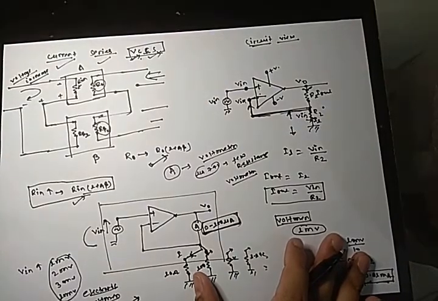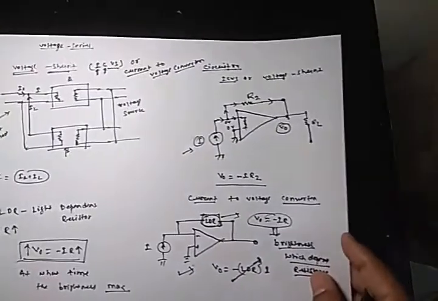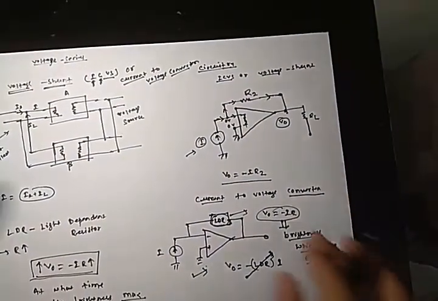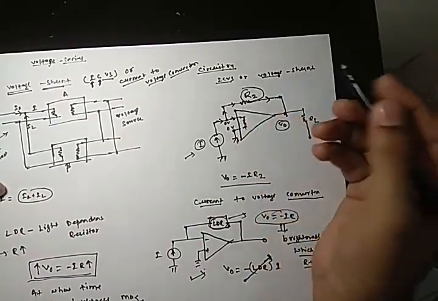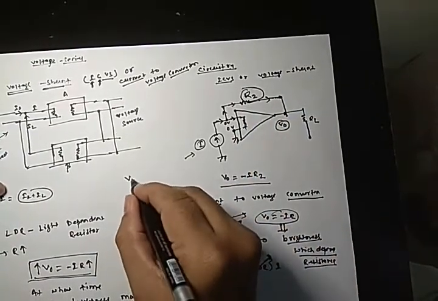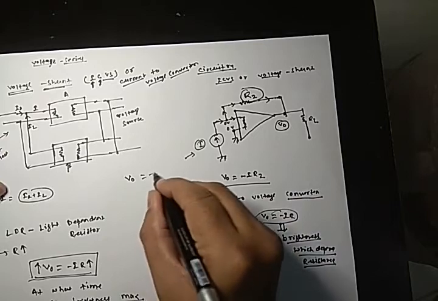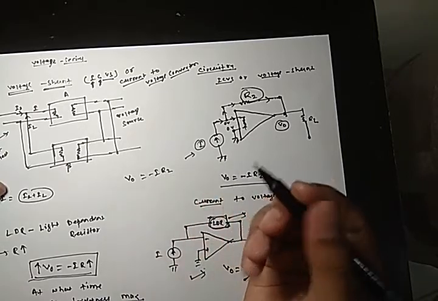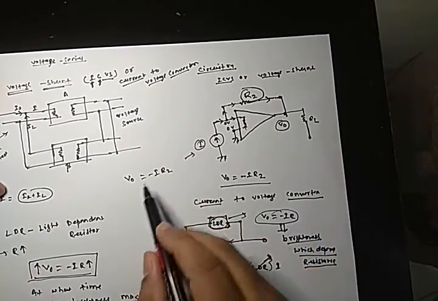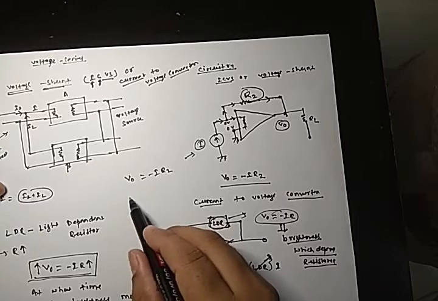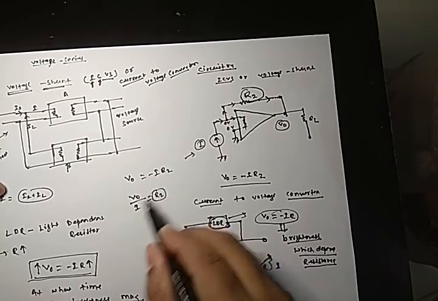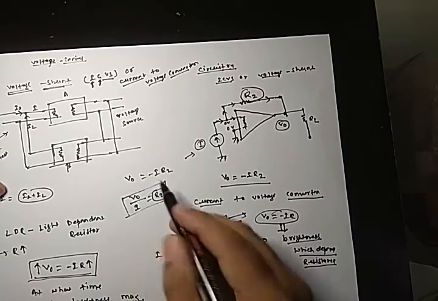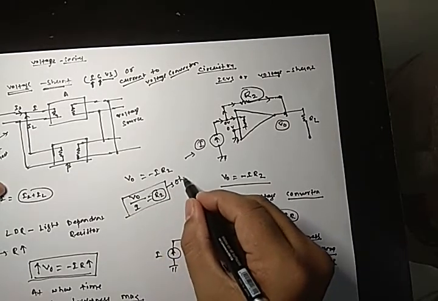And the last what we have read, that is voltage shunt, what more can we do? Suppose we don't know R2, we know that V0 we will measure is minus I R2. Now if we measure V0 by I, then we are going to get R2. So this can be used as an ohm meter.